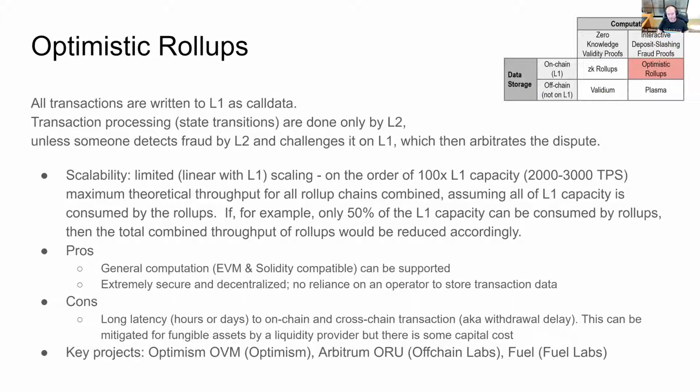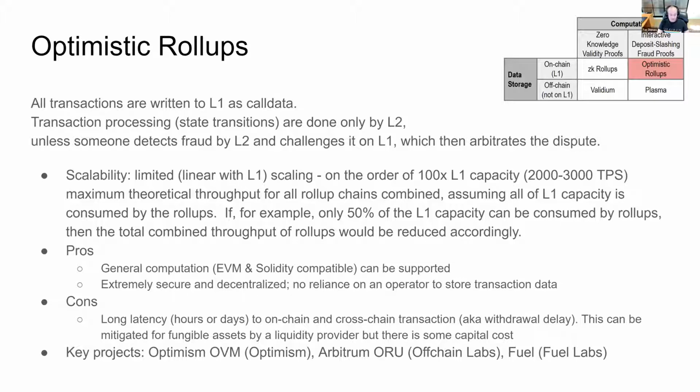So this is not really a good assumption. Let's say, for example, 50% of the layer 1 capacity can be consumed by rollups, then the total combined throughput of rollups would be reduced by half. And if you have multiple rollups in parallel, the total capacity doesn't change. So the total capacity is limited by layer 1. All the rollups have to share that layer 1 capacity.